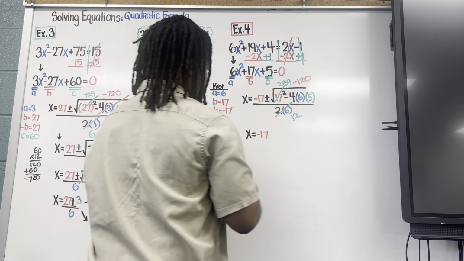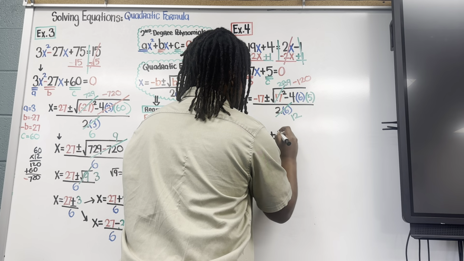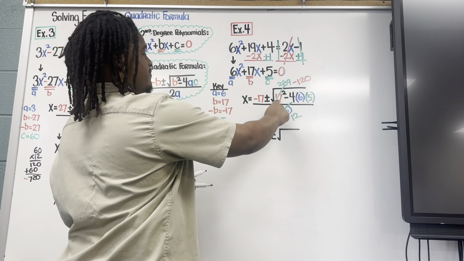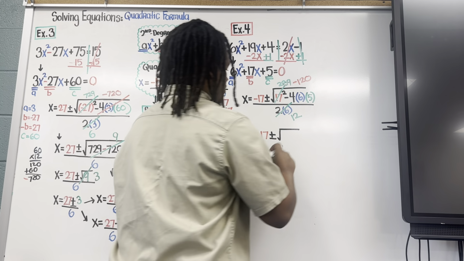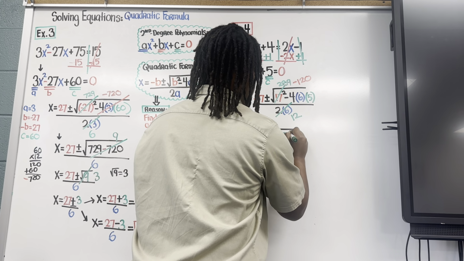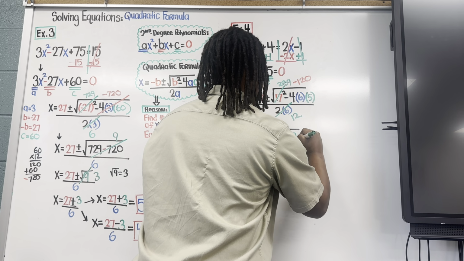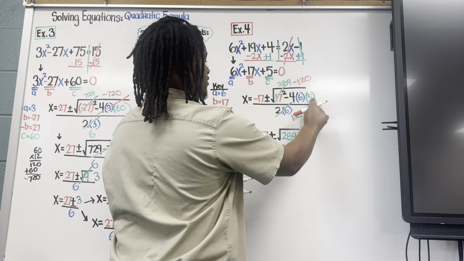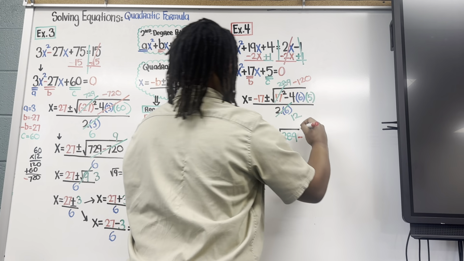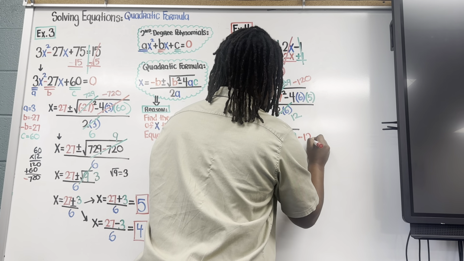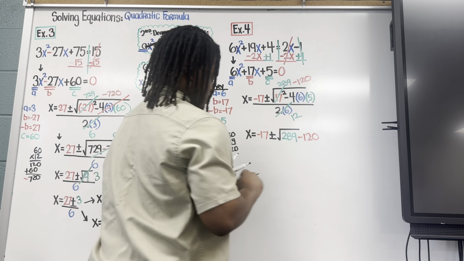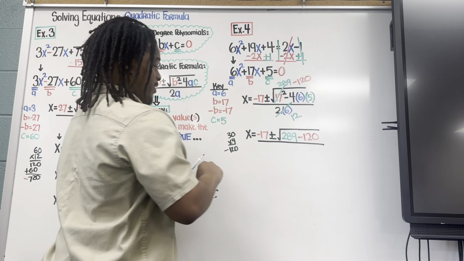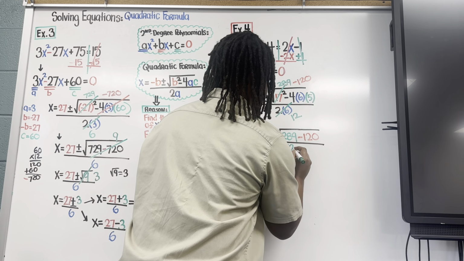So I still have negative 17 plus or minus the square root of. Now, instead of 17 squared, I'm going to put 289, minus all of this over here, which equals a negative 120, or minus 120, all divided by 12, because 2 times 6 at the bottom is 12.